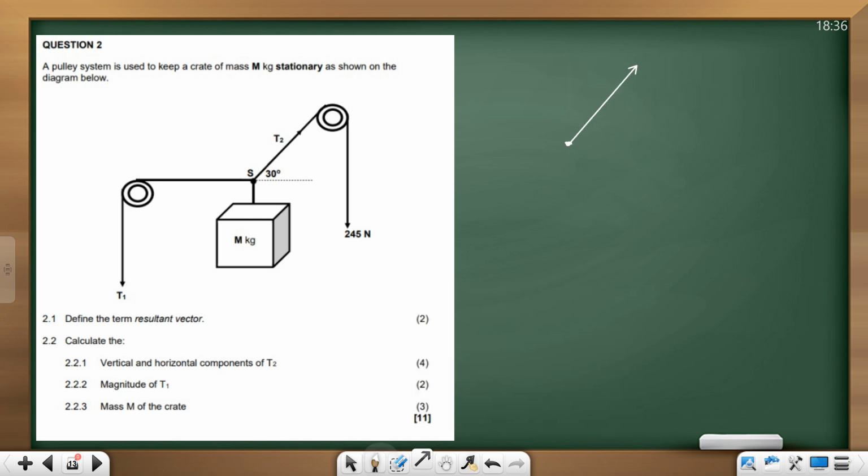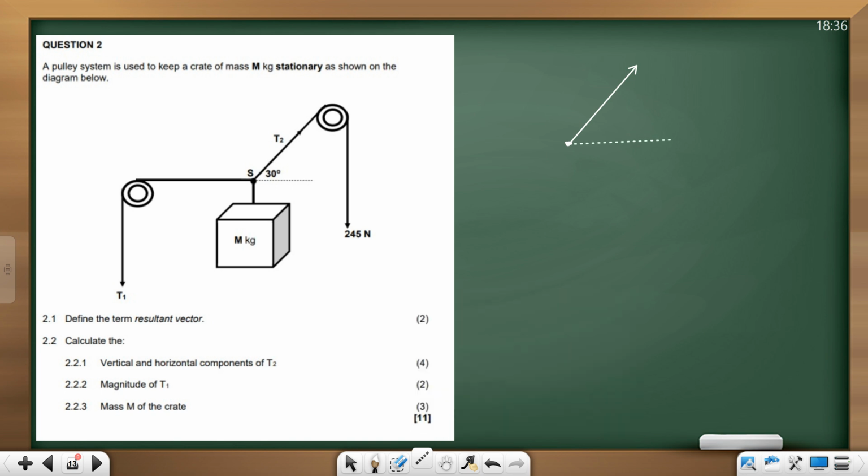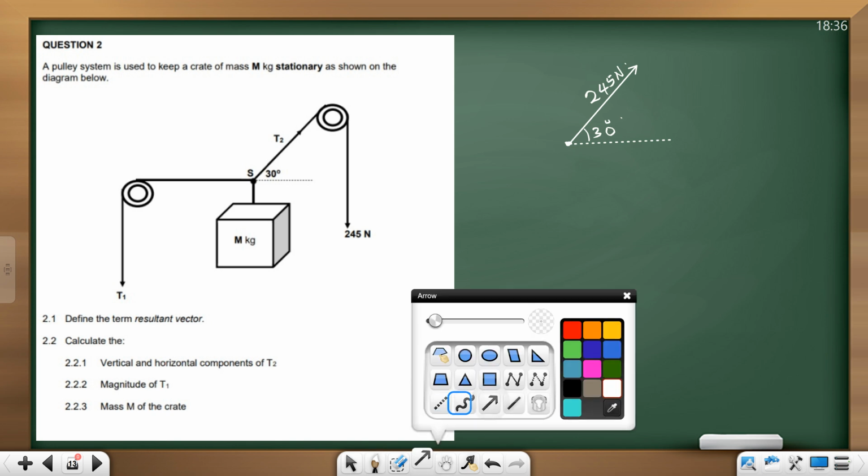We know the angle as 30 degrees. But what is the force? The force is 245 newtons. They just want to deceive you by pulling it downward. Now, if I were to complete my diagram, you know how we roll.